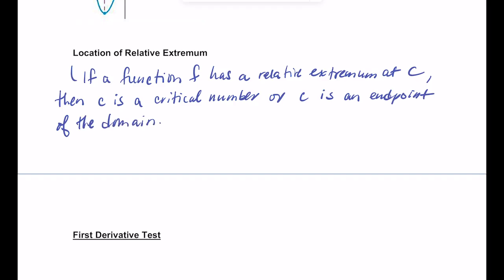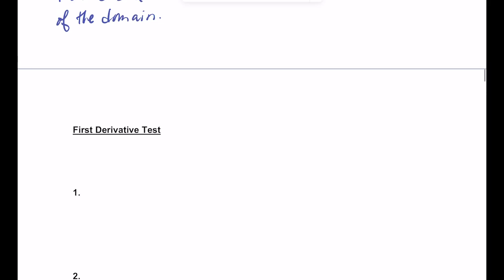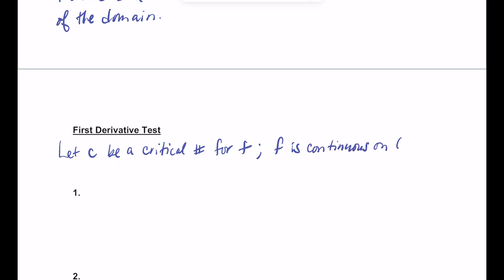How are critical numbers related to relative extrema? That brings us to the first derivative test, which says, let c be a critical number for a function f. Some things about f and c. F is continuous on the interval (a, b).